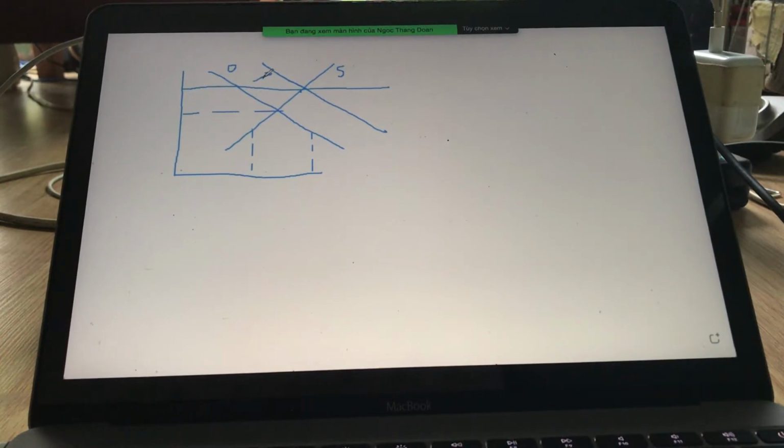The answer is D, right? The domestic currency is undervalued, and the central rate is higher than the equilibrium rate. Okay, so that's the way we use to answer.